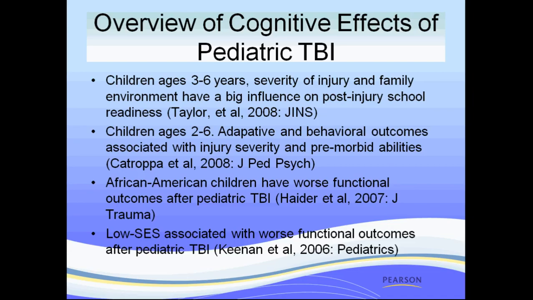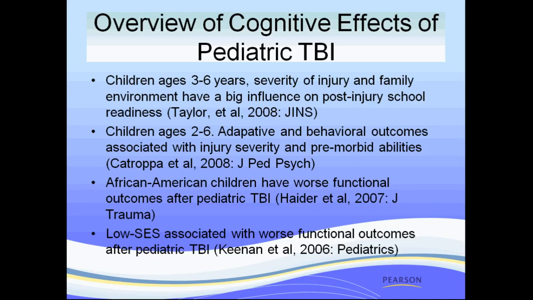So you have two kids with severe injuries. The kid who was ahead on their developmental milestones already is still going to be ahead of the kid who was behind. The kid who had behavior problems before the injury is going to be more susceptible to having behavior problems both after the injury and associated with the injury.